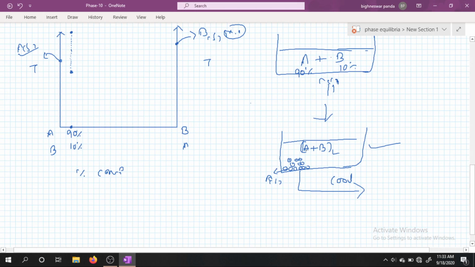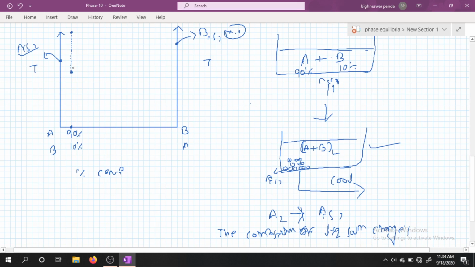Since some A liquid is converted into A solid, the composition of the liquid solution changes. That means the composition of B, that is the solute, is increased in that solution.